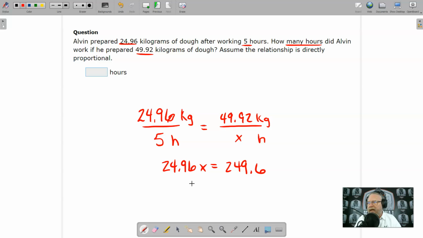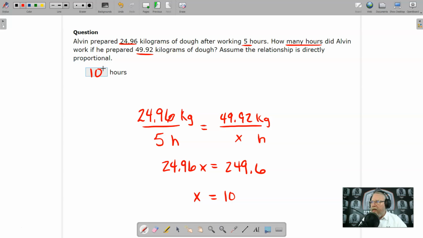Now let's divide both sides by 24.96, which gives me x on the left. 249.6 divided by 24.96, oh, that's going to be 10. The decimal just moved over one place, right? 249.6 divided by 24.96 is indeed 10. And our answer is 10 hours.